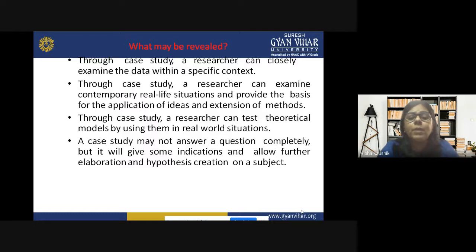A case study may not answer the questions completely, but it will give some indications and allow further elaboration, and on the basis of that we can make further elaboration and create hypotheses on a particular subject.